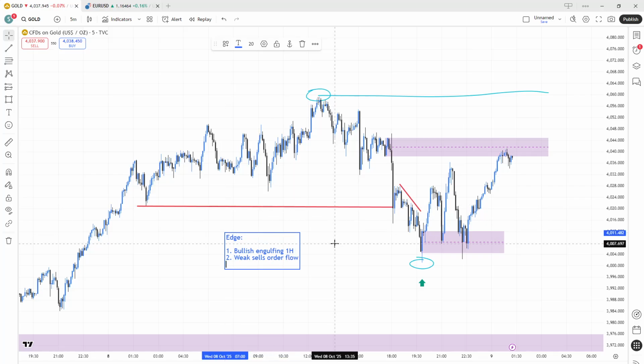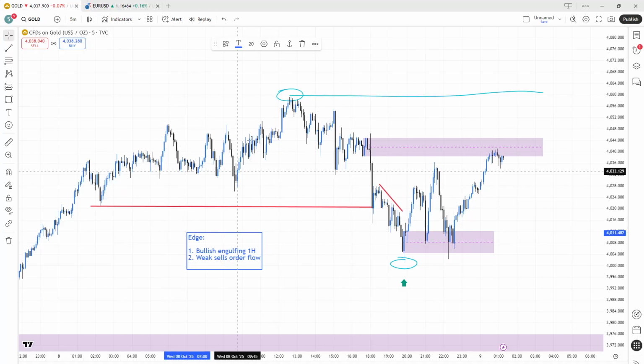Okay, those are the two edges that I see, the two indications that we have weak order flow here, and then we have this push to the upside. Now, would we take this trade right away? Actually, no. Another thing we want to do is we want to see a retest of the price level. All right, we want to see a retest of it.